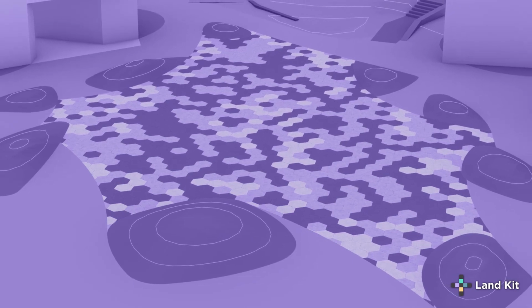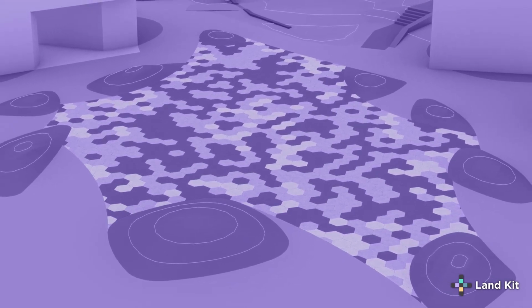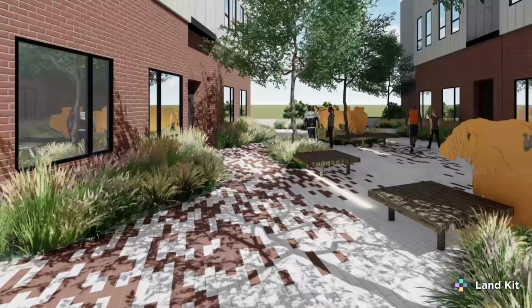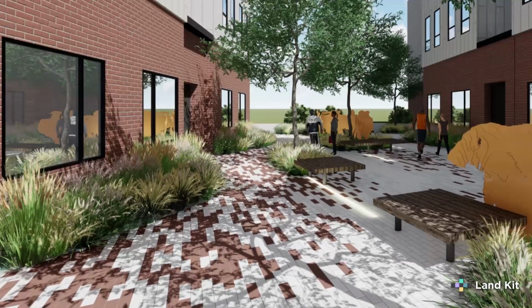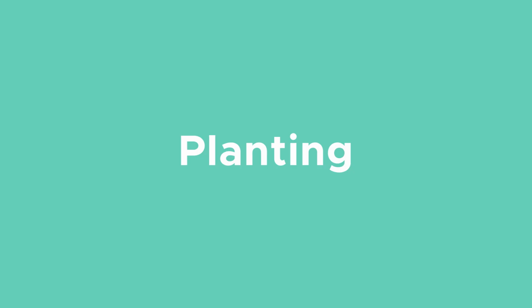And then other times you're dealing with paving, which can be whole fields of thousands of pavers that maybe try to follow a certain logic, but then you have to figure out how to document that so that it can be constructed. And then finally there's planting, which is so complicated.